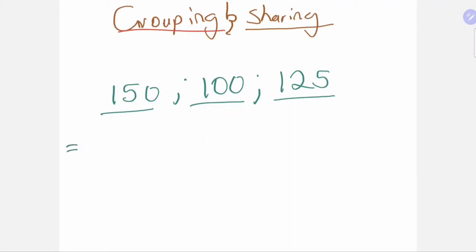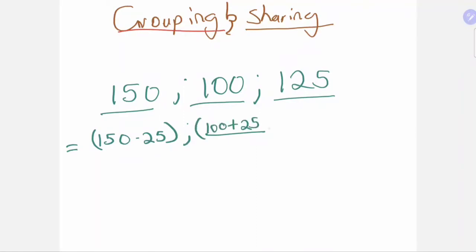150, 100, 125. You're going to minus. What are you minusing from 150 again? Yep, you're minusing 25. Right? And then you have 100. What are you doing to this 100? You're adding to it, right? So it's 100 plus 25.